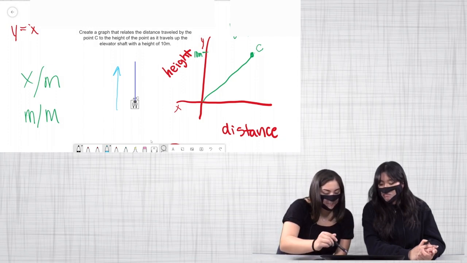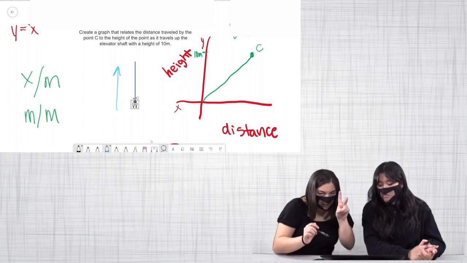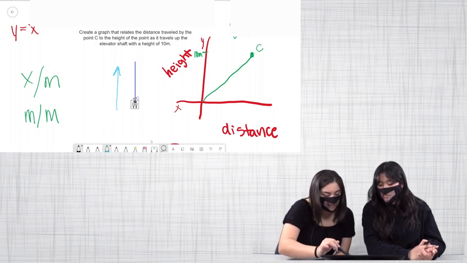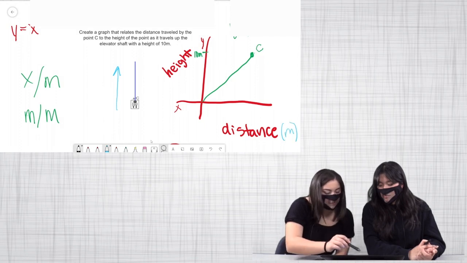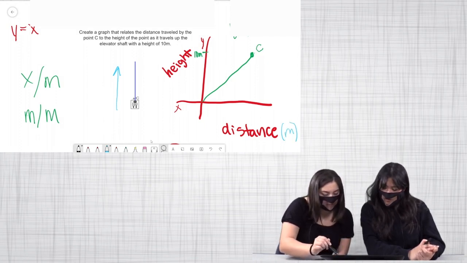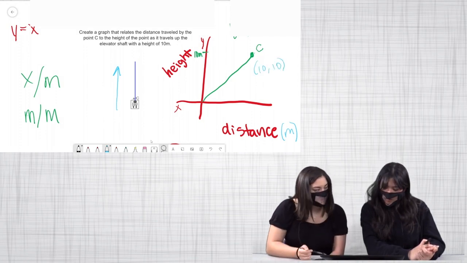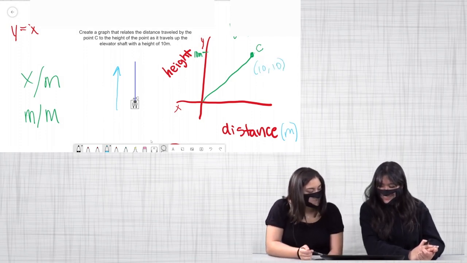So the set length or height is 10 meters, but as your distance is increasing, it would also be in meters. Even if it's not proportional, you would still end up traveling the final 10 meters to get your last point to be the same. Does that make sense?